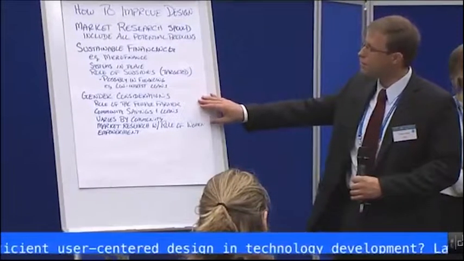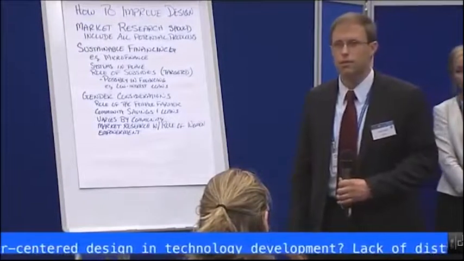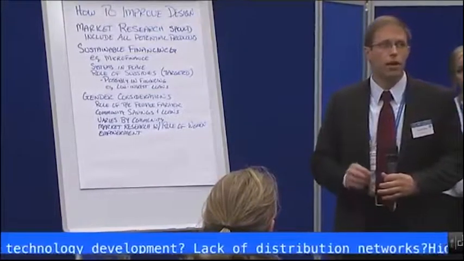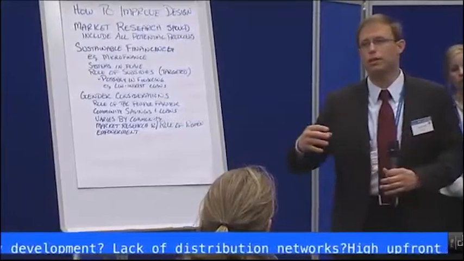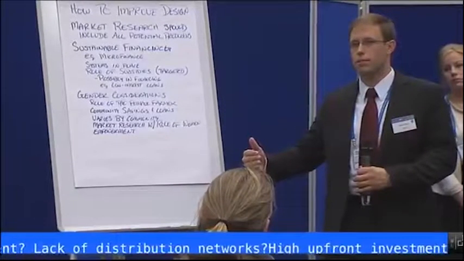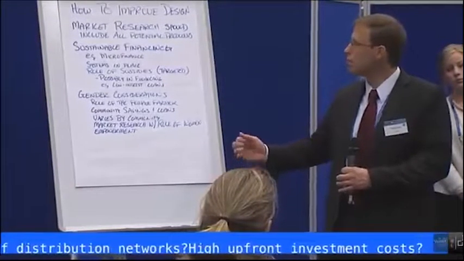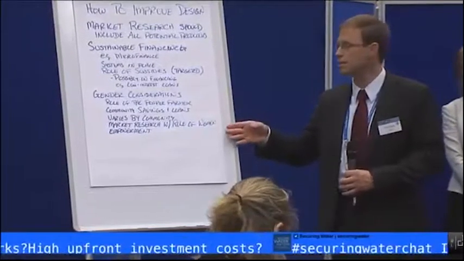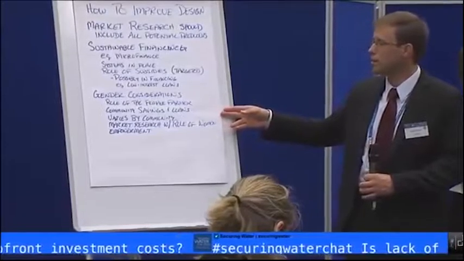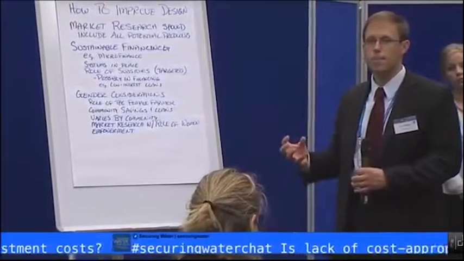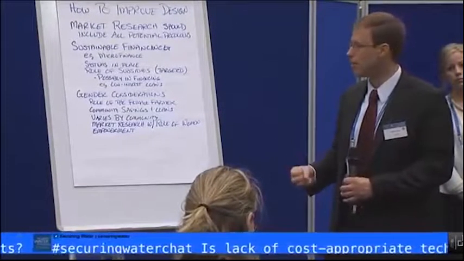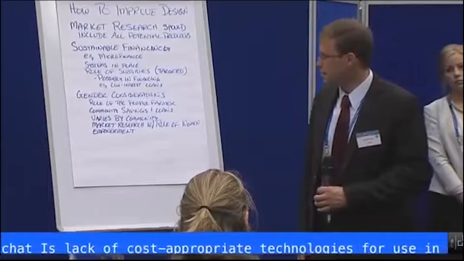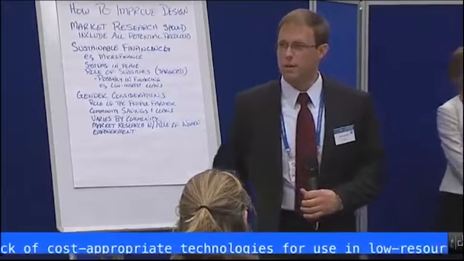And then we also discussed, especially at the end, gender considerations. So not simply for inclusion of marginalized gender groups, but also to specifically address that component of this complex system, the role of the female farmer, community savings groups that are predominantly run by females. Of course, it varies by community and should come out in the market research.